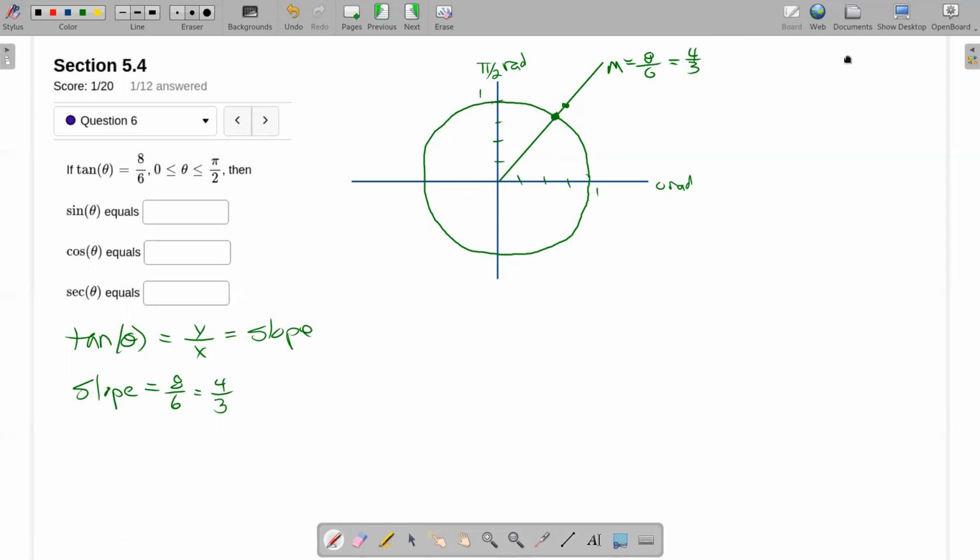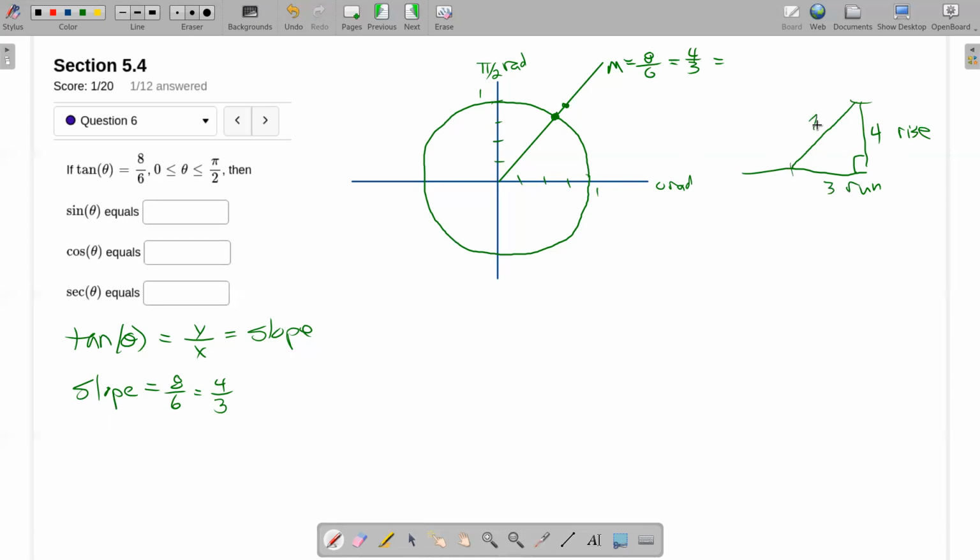So I'm going to off to the side draw another triangle. It looks like that-ish. I'm going to call the up 4 my rise, and I'm going to call this 3 my run for my slope.